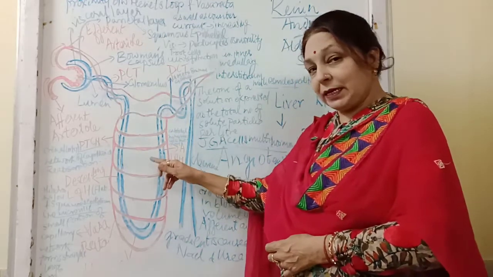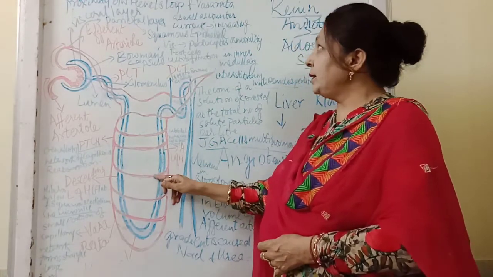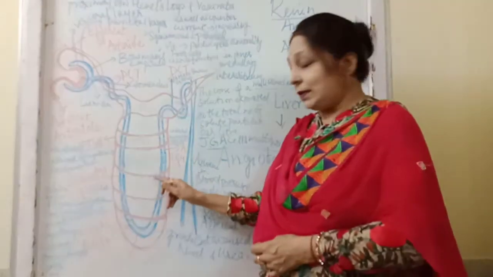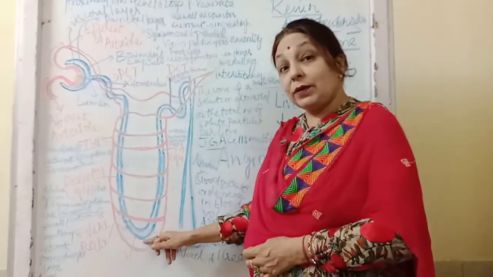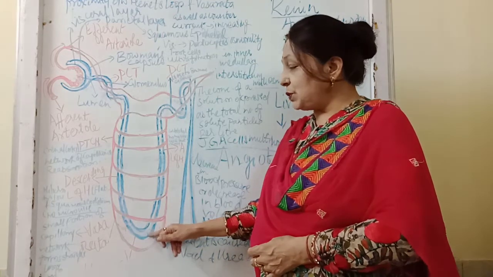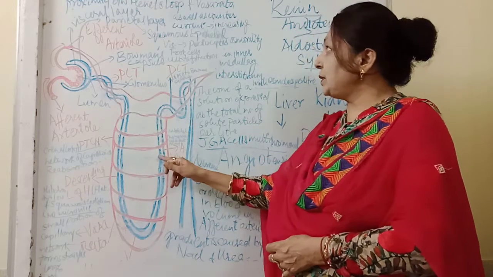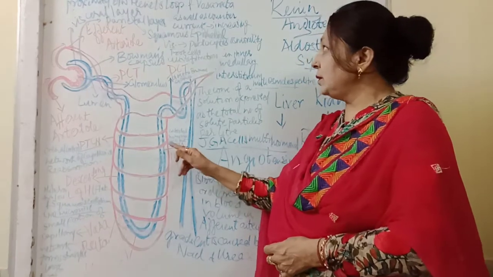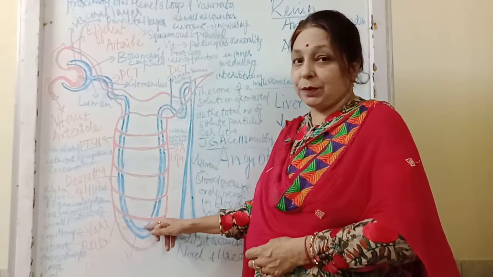I am repeating, the proximity between the loop of Henle's, the vasa recta, and the counter current mechanism between them increases the osmolality in the inner medullary interstitium.